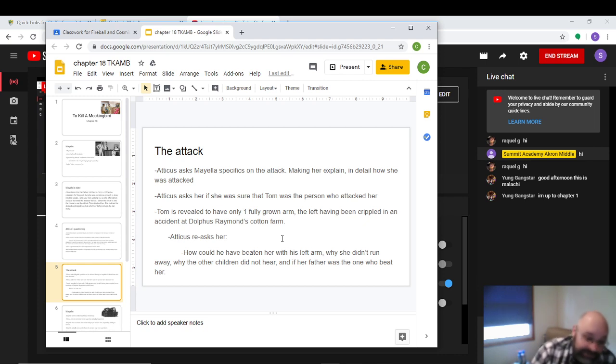He pretends that he's drunk as an excuse, that way the white society doesn't discriminate against him too harshly. But that's how Tom couldn't have beaten her with his left hand, because his left arm doesn't work. Atticus really harps on this point at this part of the trial, how could he possibly have beaten her with his left arm when his left arm is basically useless.